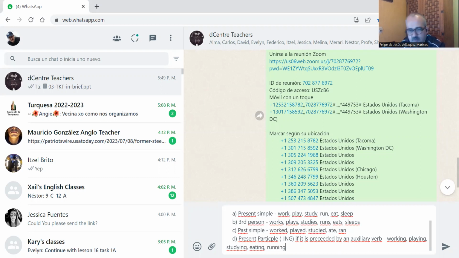These words are not verbs unless they are preceded by an auxiliary verb, in this case the verb to be.